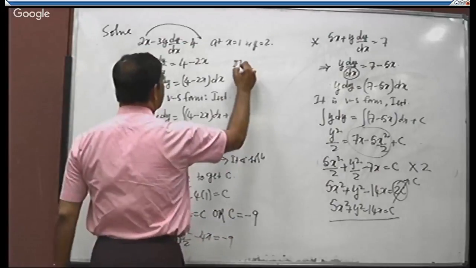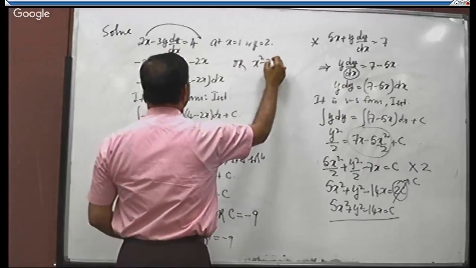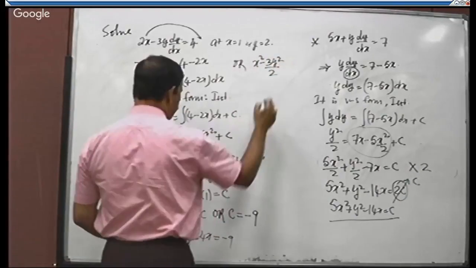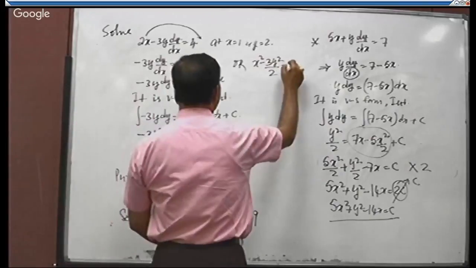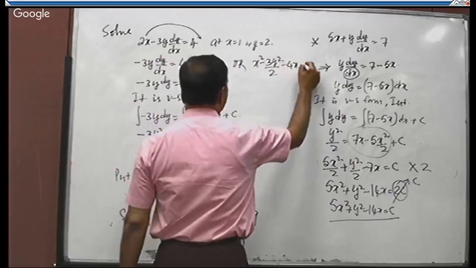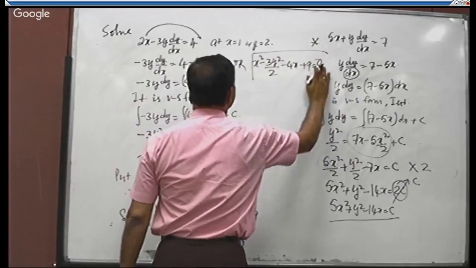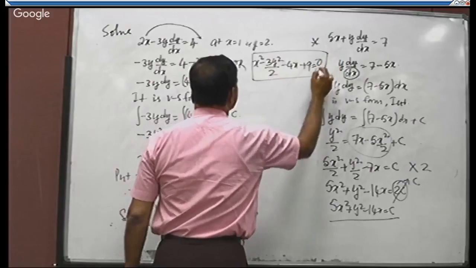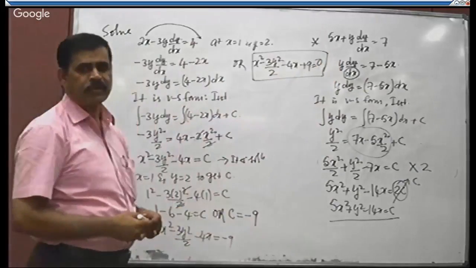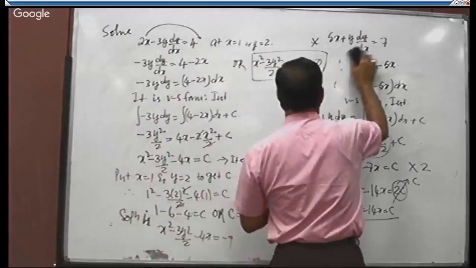Or you can take it as x square minus 3y square divided by 2 minus 4x, if I take minus 9 to this side, it becomes plus 9 is equal to 0. This is the solution of the given differential equation. It will be called the complete solution, right?